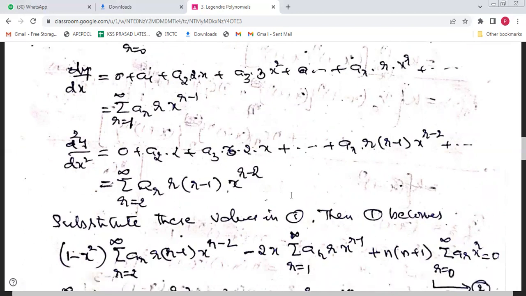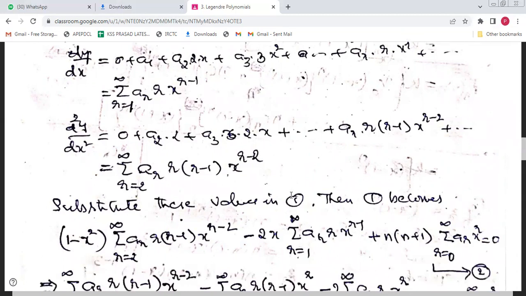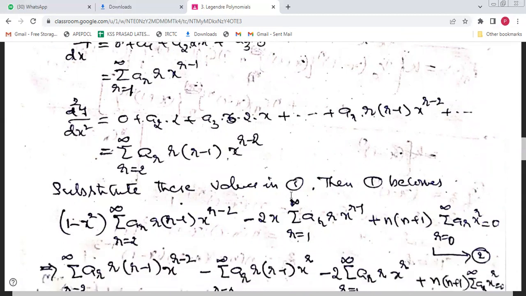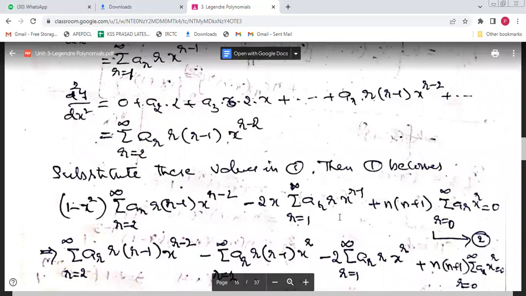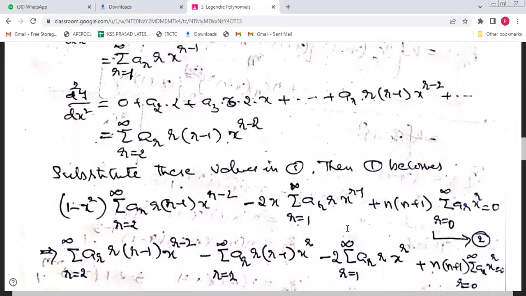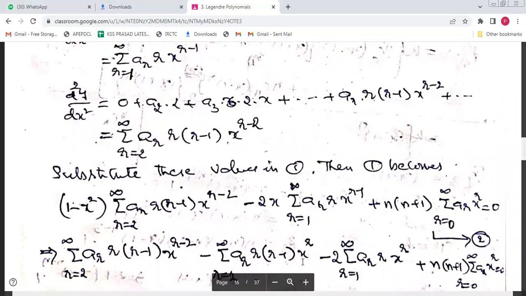What is y? Summation ar into x power r running from 0 to infinity. Now that implies summation ar into r into r minus 1 x to the power of r minus 2 minus, if you multiply x with this, we get x to the power of r. So that becomes summation ar into r into r minus 1 times x to the power of r.